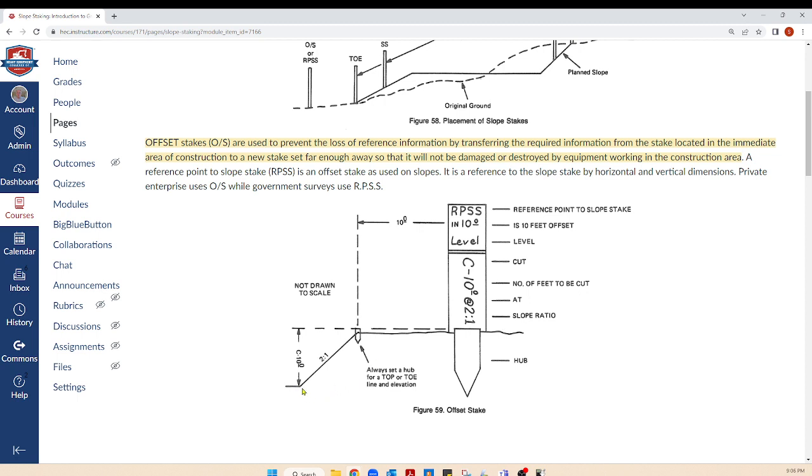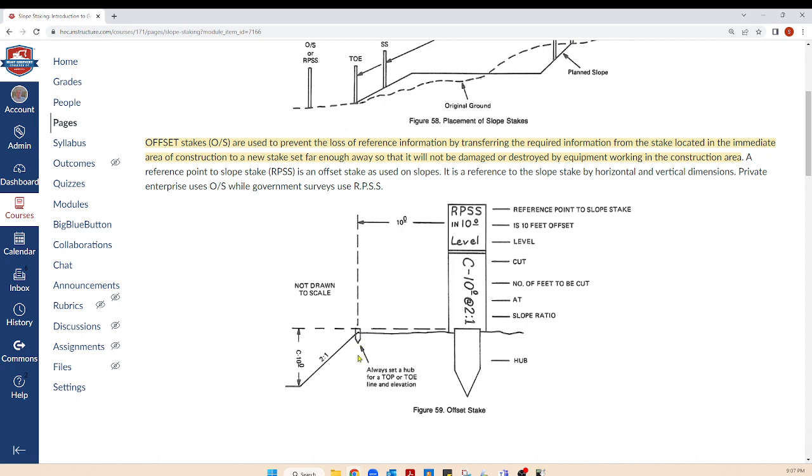From here to here, that'll be your vertical times your slope ratio. 10 foot times the slope ratio.